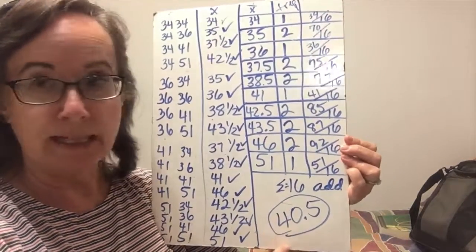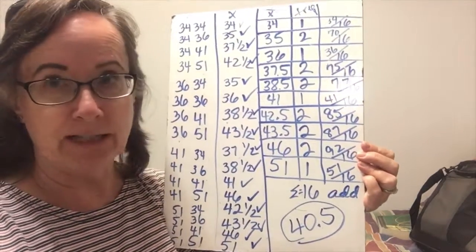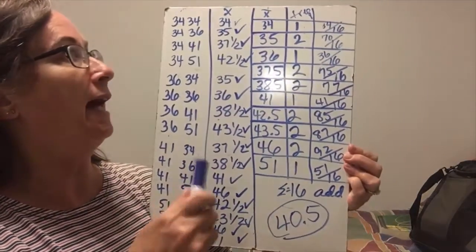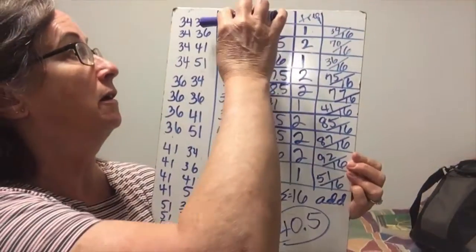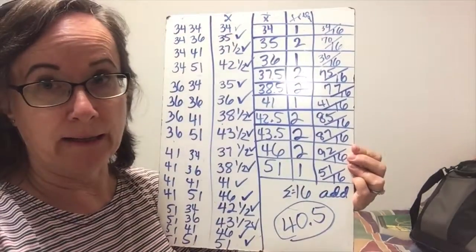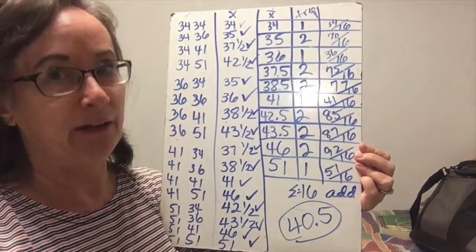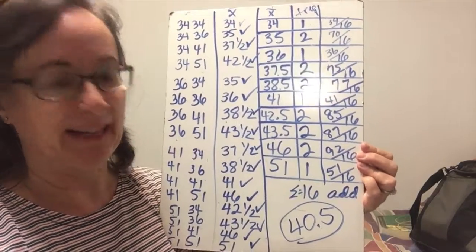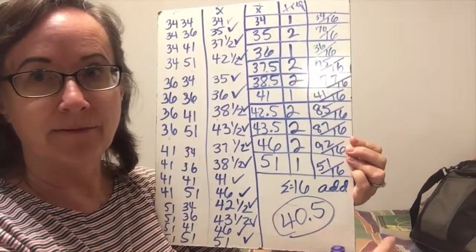So this one is the mean of the sampling distribution. If you take the original 4 values, 34 and 36 and 41 and 51, and you add them and divide by 4, guess what you get? 40.5.